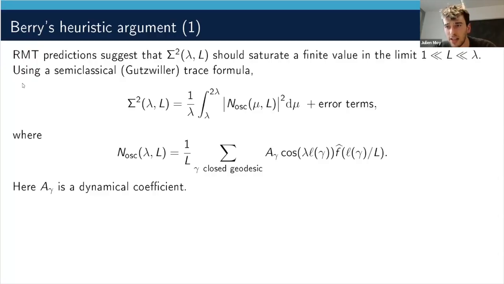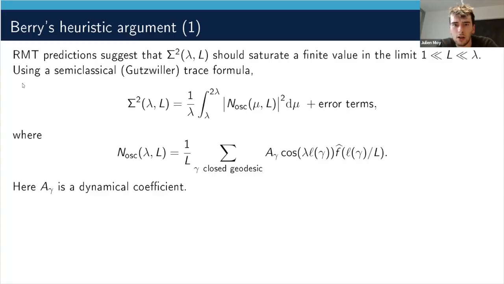In constant curvature, this formula is exact. It turns out that there is an analogous formula in variable curvature that is not exact and requires working in the large lambda regime. So you have to go to the large frequency regime, but you still have something.